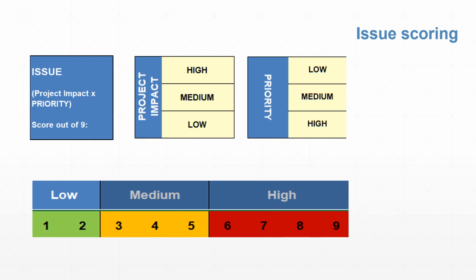So you want to come to an agreement, a consensus, and choosing what high means will be very useful. It's the same with the priority as well. So with this particular model, they've decided to go with 1 to 2 representing low, 3 to 5 representing medium, and 6 to 9 representing high.